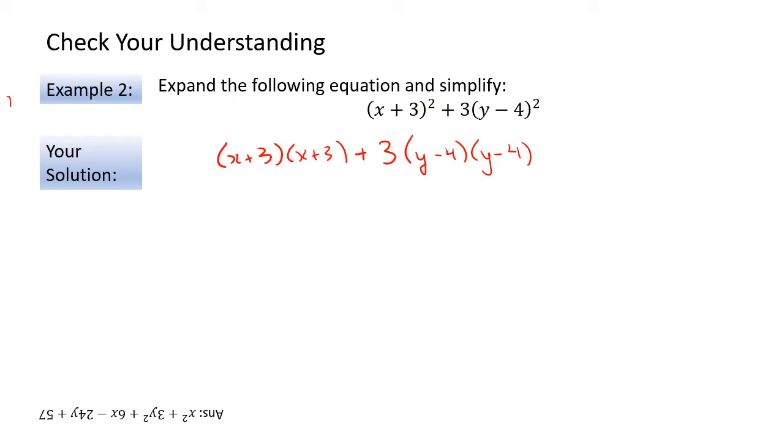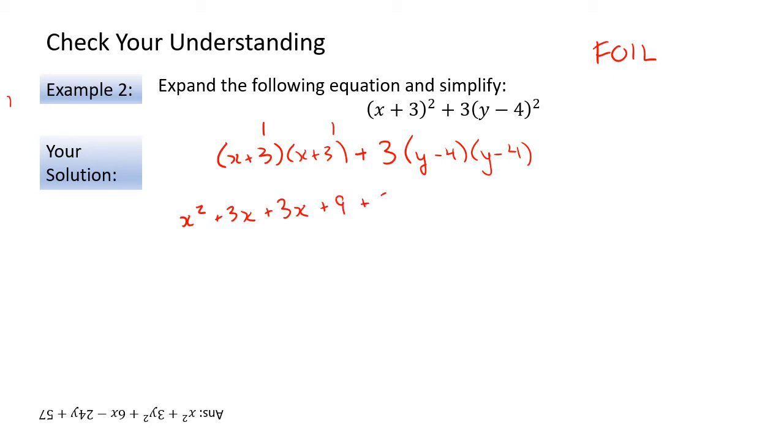Now if I use FOIL, we have the first term, x times x is x squared. The outside terms, x times 3 is plus 3x. The inside terms, 3 times x, which is 3x. And the last terms, 3 times 3, which is 9.